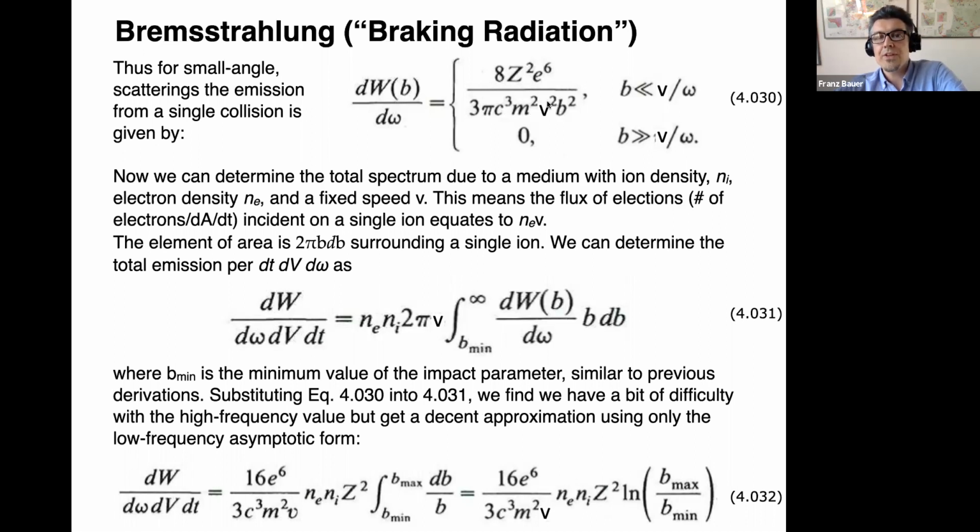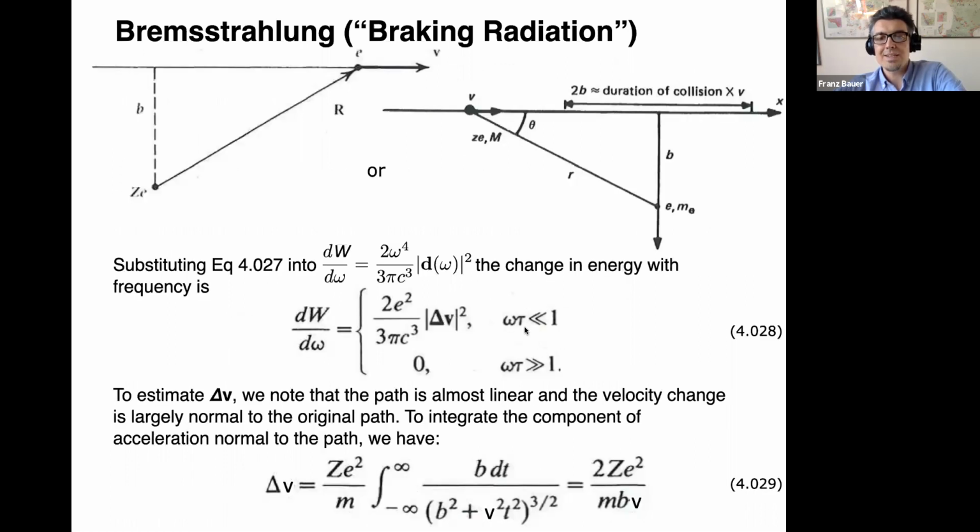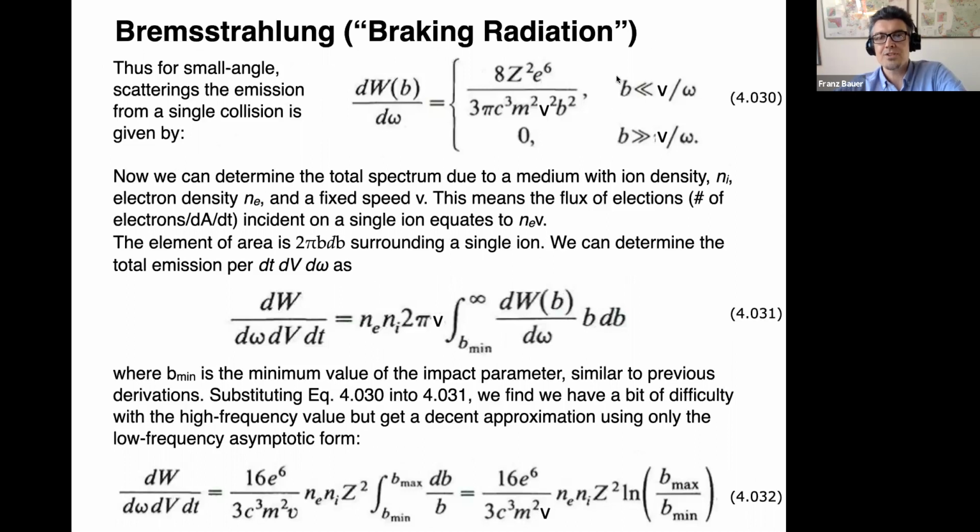Most of the things of interest are, of course, V squared and D squared. And we've changed our dimensionality here. So instead of omega tau and 1, we now have this as a function of different regimes of the impact parameter as a function of velocity and frequency.